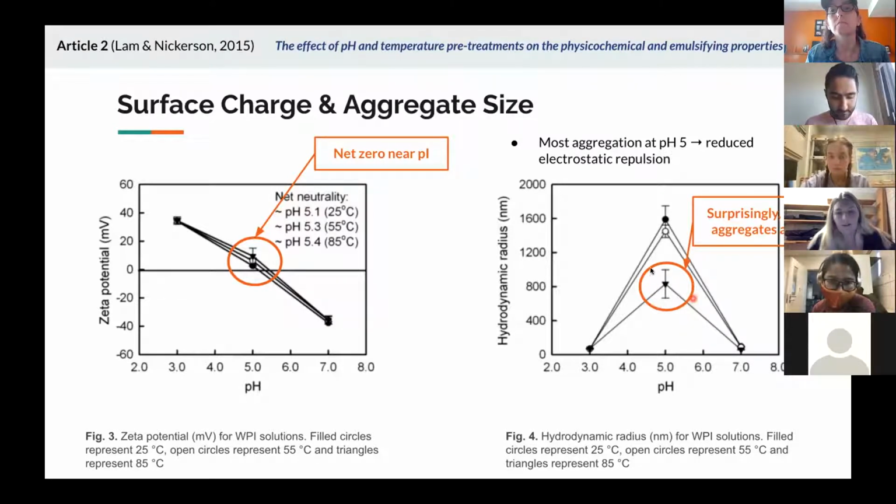Interestingly, though, we see that there's smaller aggregates with the 85 C degree treatment at pH 5. Their theory is that the high temps led to formation of aggregates along with denaturation. So there's basically just smaller aggregates at this temperature treatment.